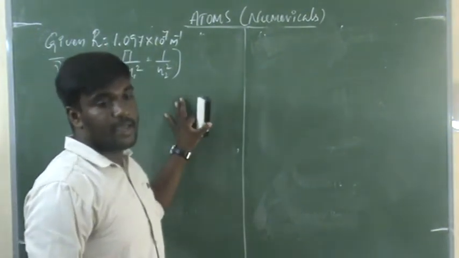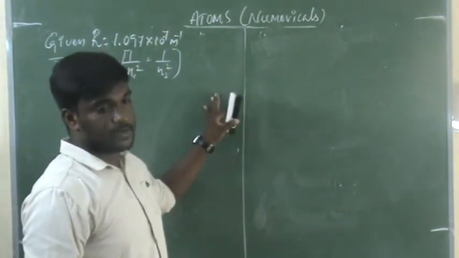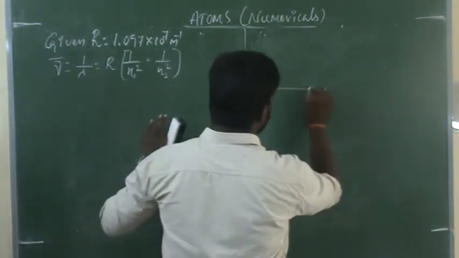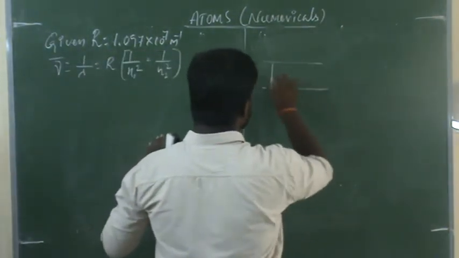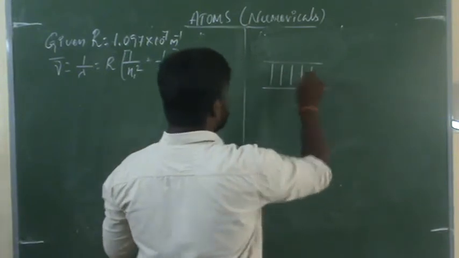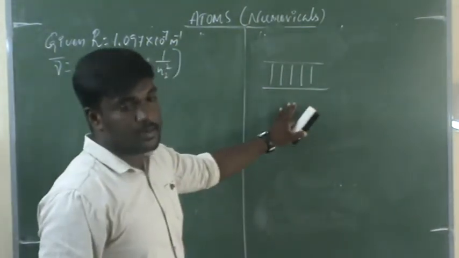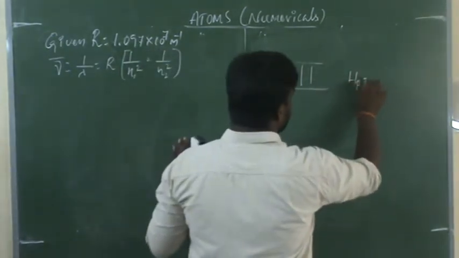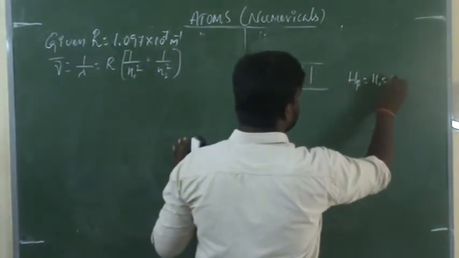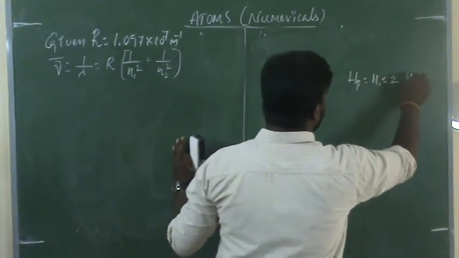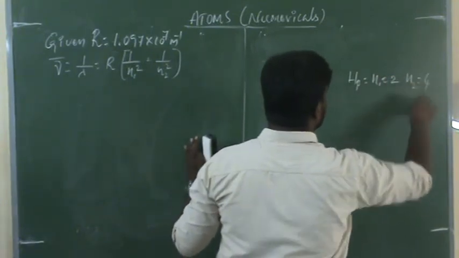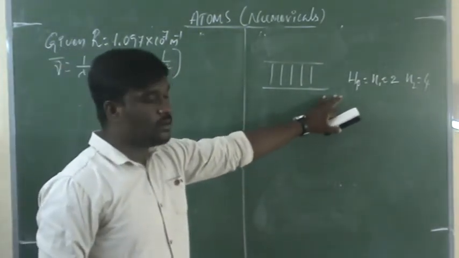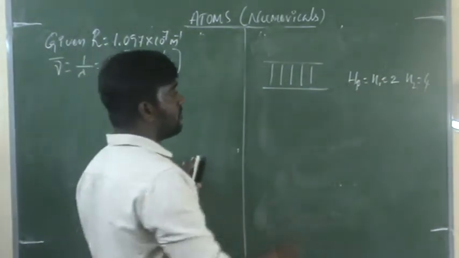H beta line of hydrogen spectrum means in Balmer series. H beta means n1 equals 2 and n2 equals 4.